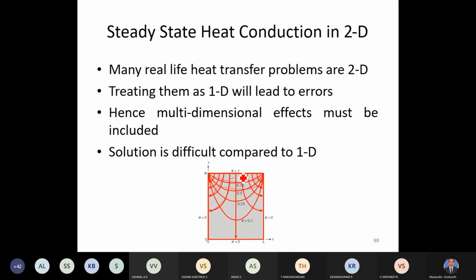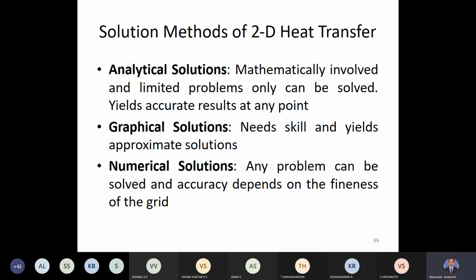So this angle must be 90 degrees. This way, each one of these must be perpendicular to the other. In that way, you should be able to draw. You will get a correct plot.